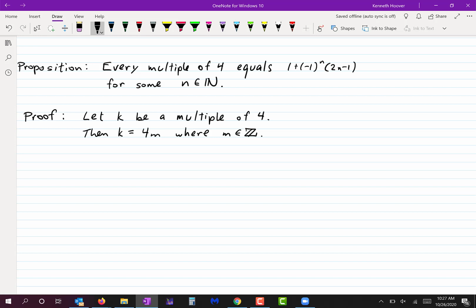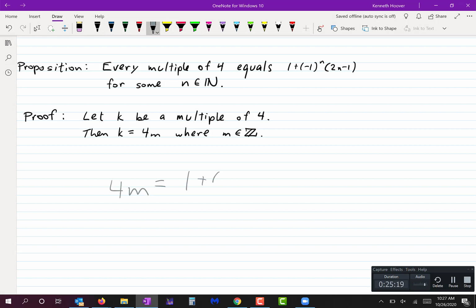All right, now, this one's a little bit harder. I would point out this. We're trying to get 4m to equal something of this form. And I don't know what n is going to equal.